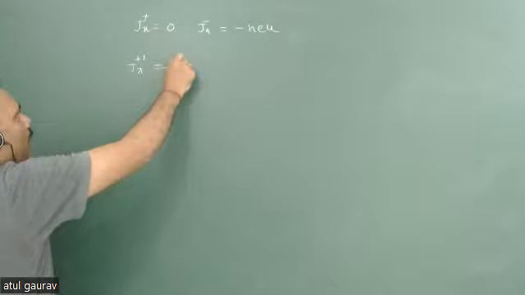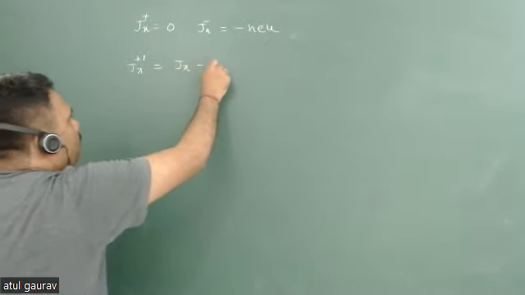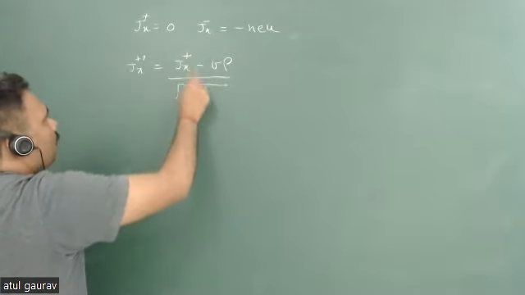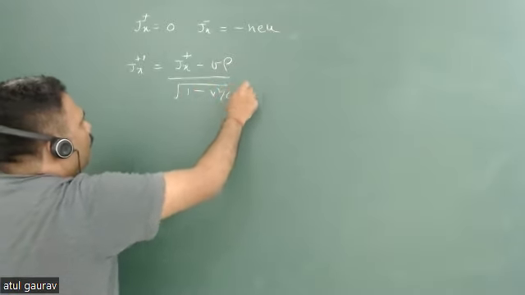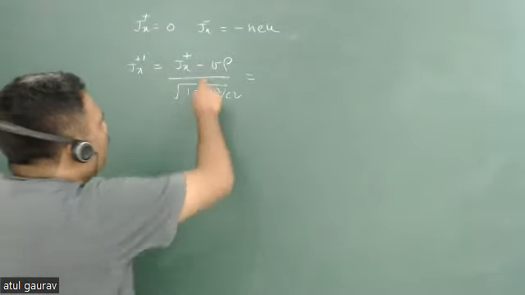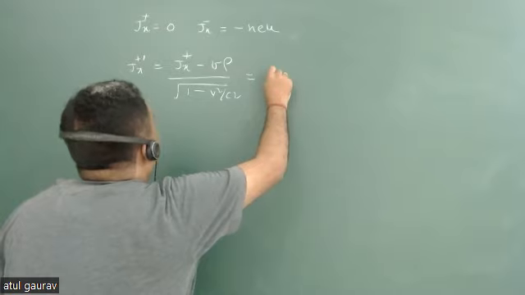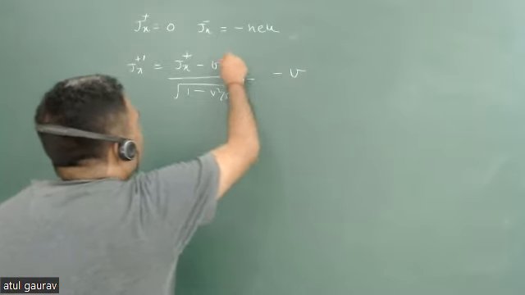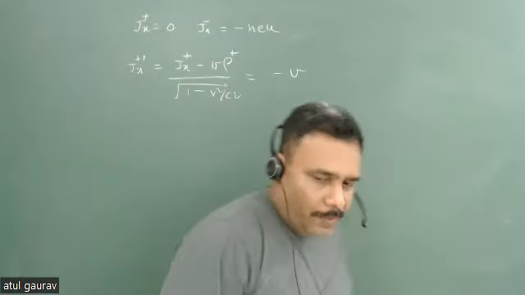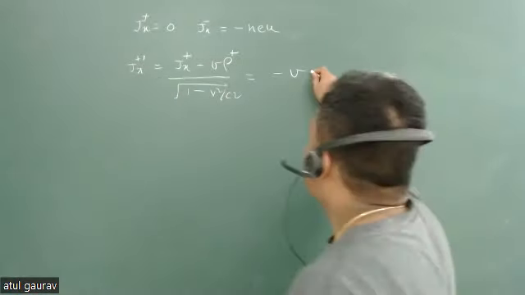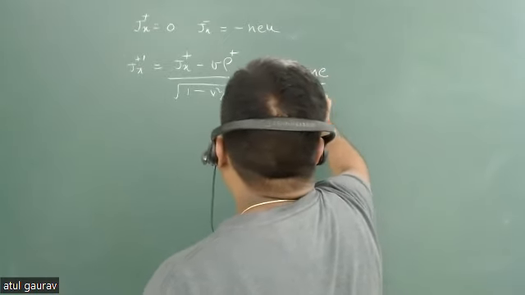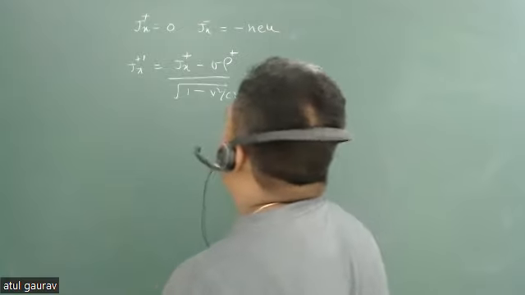Tell me, what will be the formula? jx plus minus v rho plus upon root under 1 minus v square upon c square. So jx plus is equal to 0, and this is minus v, and this is rho plus. So what is your rho plus? Ne. And that value is 1 minus v square upon c square.